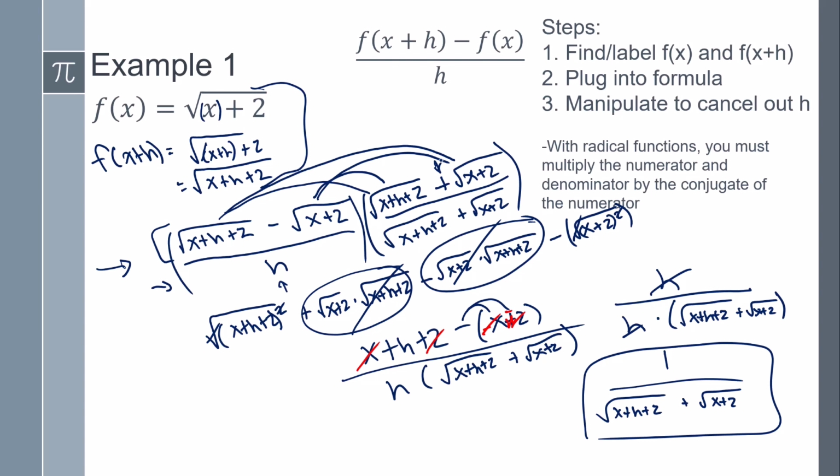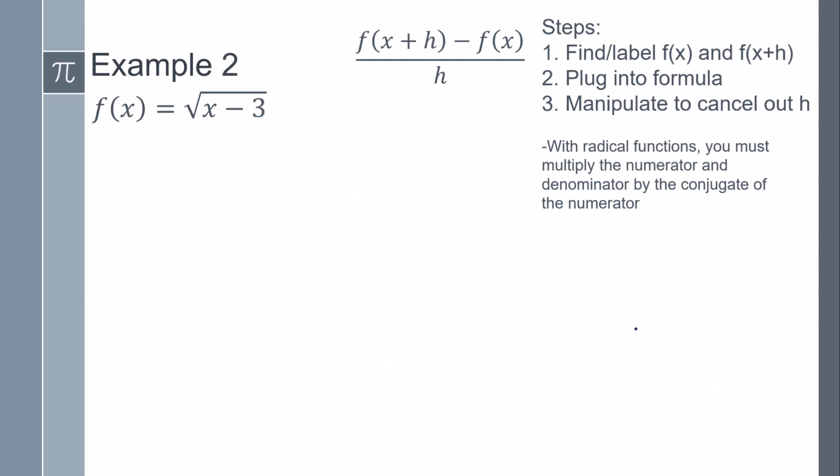Whenever you multiply by the conjugate, these middle two terms will always cancel out. And then for these square root purposes, the square root and the square will cancel out. And so then that's when we were able to simplify further, and then the h's cancel out. And then we were done. Let's look at another one.